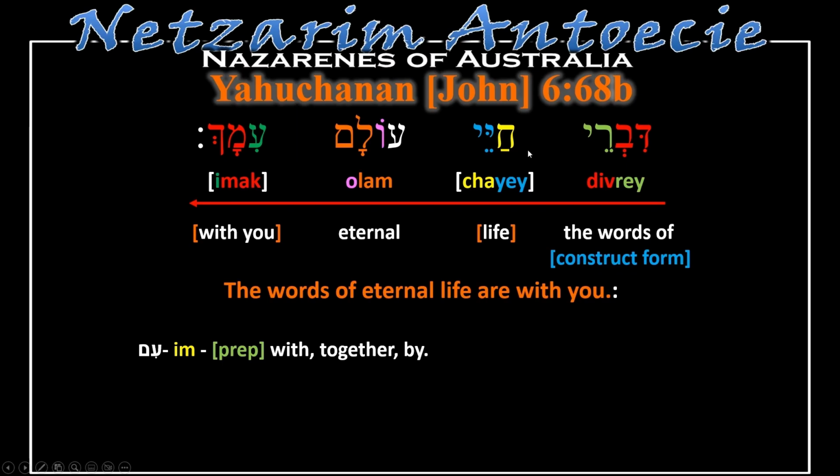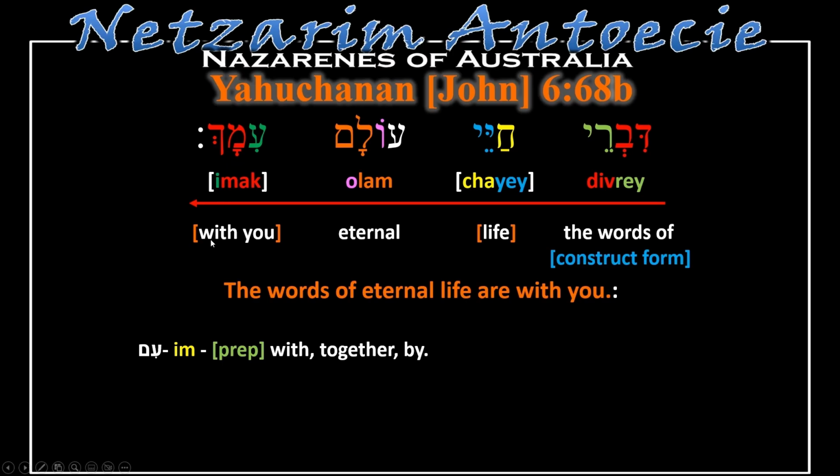The words of chaye, life, and also that's like a construct form too. Life, and then we got olam, eternal. You could almost translate it as the life of the eternal, but they normally translate it life eternal.